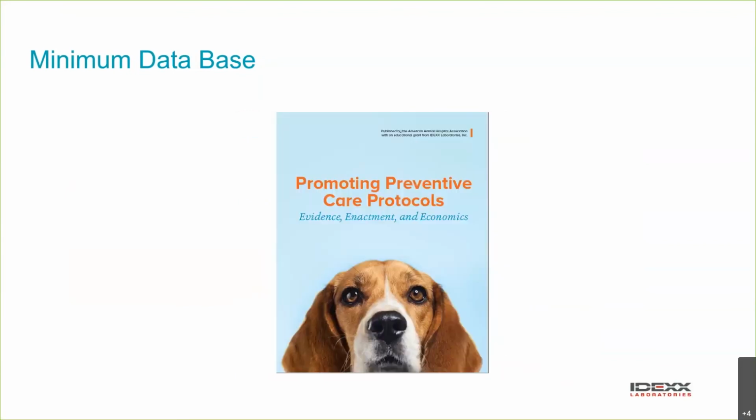And there was a study published in the Journal of the American Animal Hospital Association back in 2018, I think it was, where they looked at a huge number of patients, in the multiple thousands, well patients that had CBCs and chemistries done, and there were significant numbers of patients that had changes when they were well.